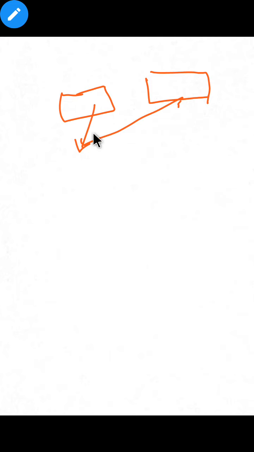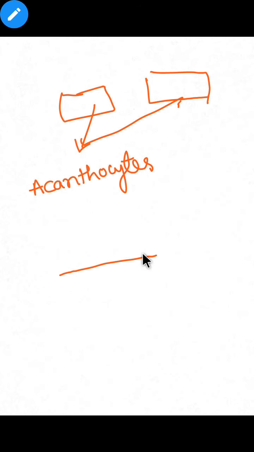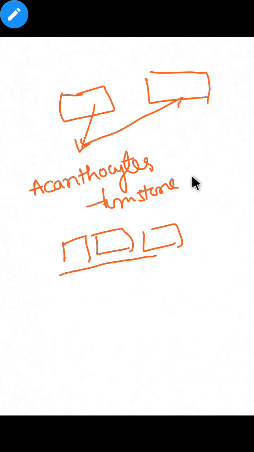That means these keratinocytes get separated. These separated keratinocytes are called acanthocytes. If this is the basement membrane, they will get separated, right? These separated acanthocytes give a tombstone appearance.